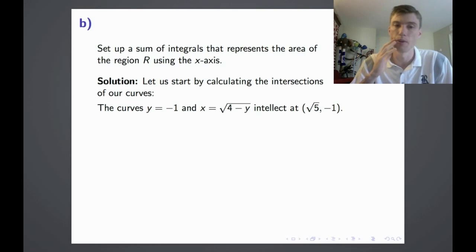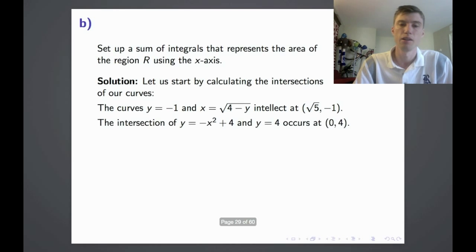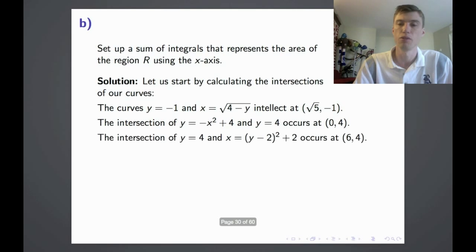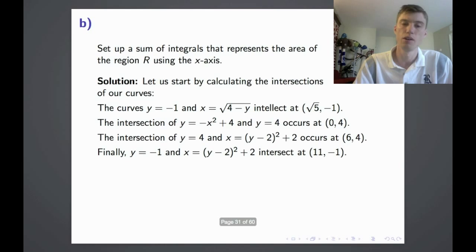So we have all of these intersection points: y equals negative 1 and x equals the square root of 4 minus y; y equals negative x squared plus 4 and y equals 4; y equals 4 and x equals (y minus 2) squared plus 2; y equals negative 1 and x equals (y minus 2) squared plus 2.